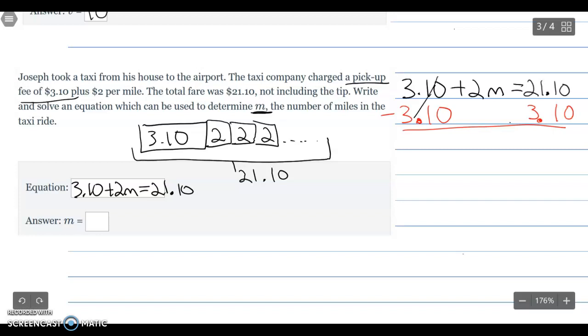My 3.10s cancel out. I bring down 2m, and that'll be equal to 18. Then divide by 2, and m is equal to 9. So then I just write 9 over here.